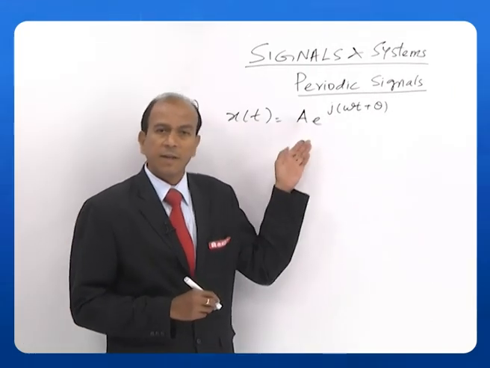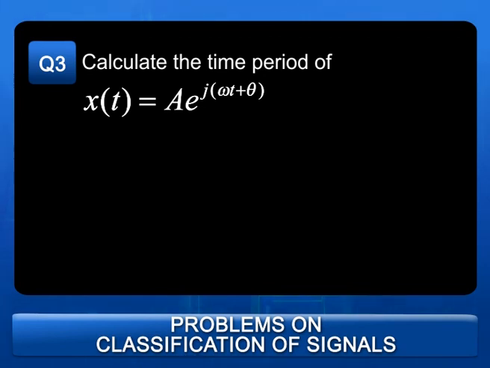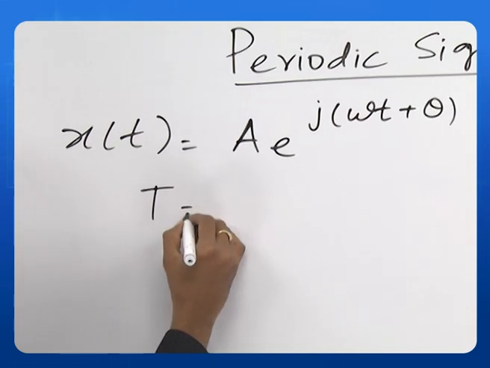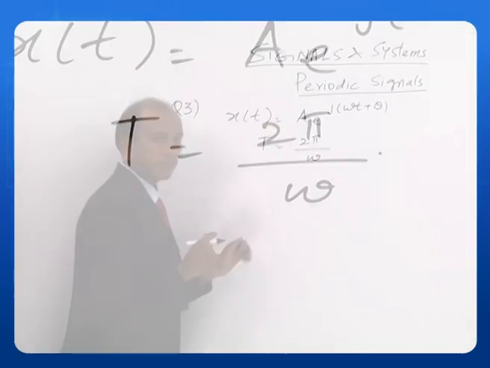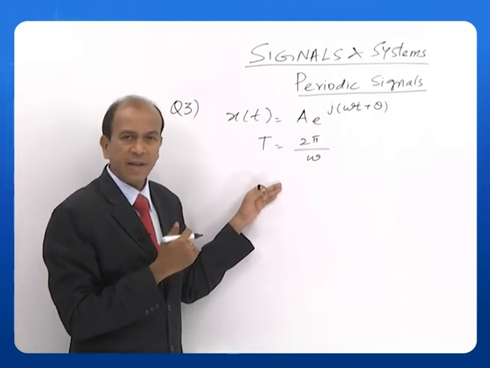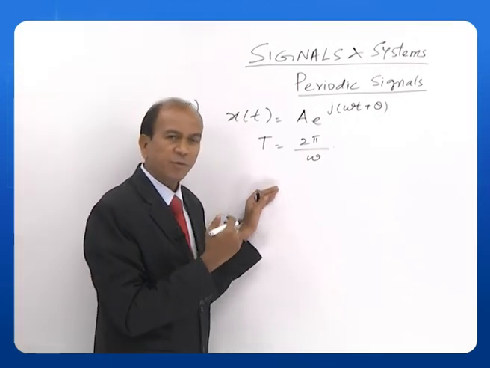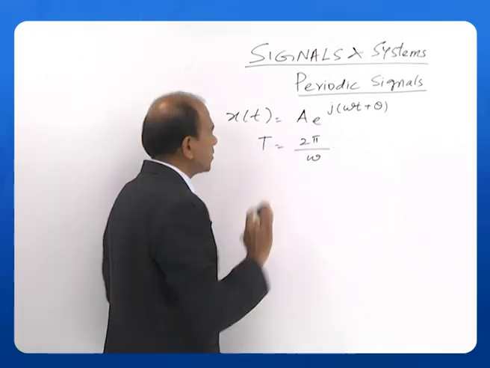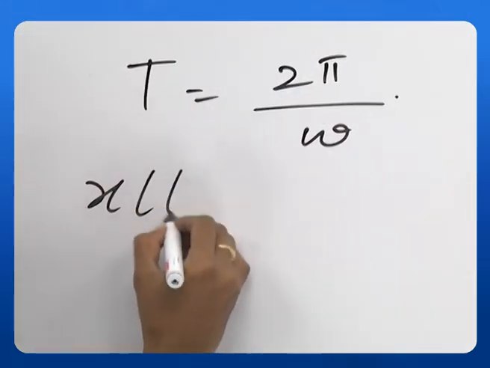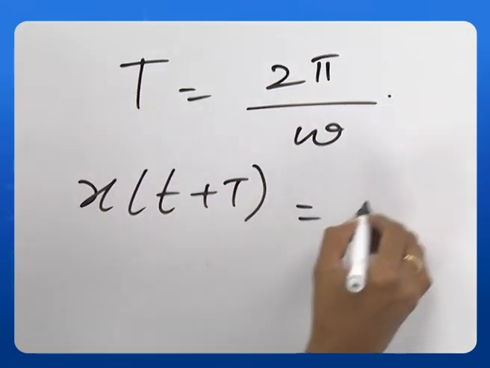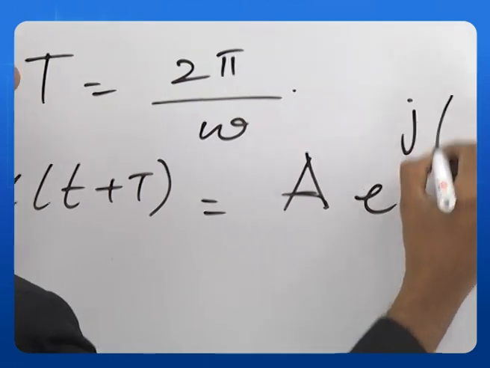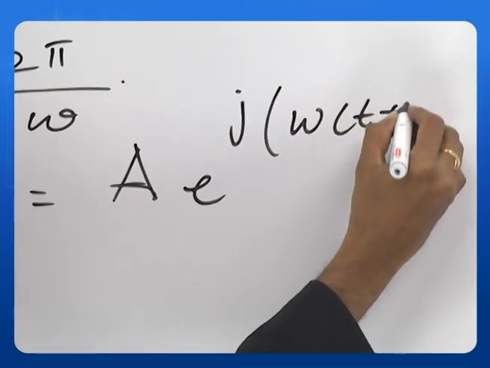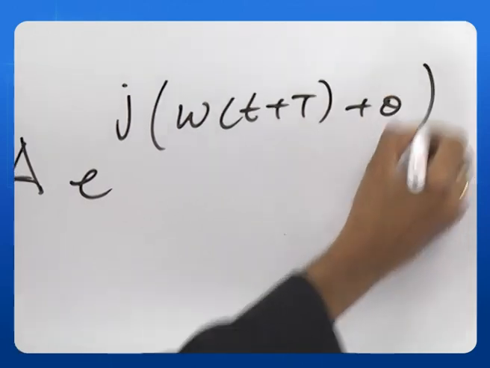Let us look at a third problem, A e to the power of j omega t plus theta. Here what is T? Here T is equal to 2 pi by omega. Now the condition of periodicity we will take. What is the condition for periodicity? x of t plus T, we have to prove it as x of t. So let us take x of t plus T. So how much is this? This is A e to the power of j omega into t plus T plus theta.